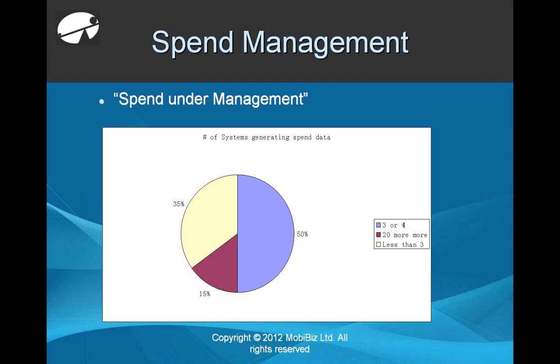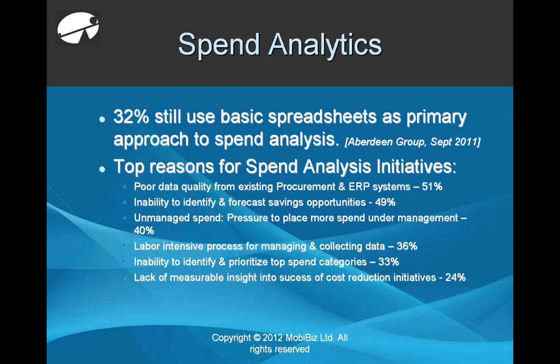A system generating spend data means accounts payable, accounting systems, vendor management systems, procurement systems, other expense-related systems, travel management systems. 15% of the organizations have 20 or more data systems feeding spend analysis, and the rest, 35%, have less than 3. One more stat: 32% still use basic spreadsheets as the primary approach to spend analysis.